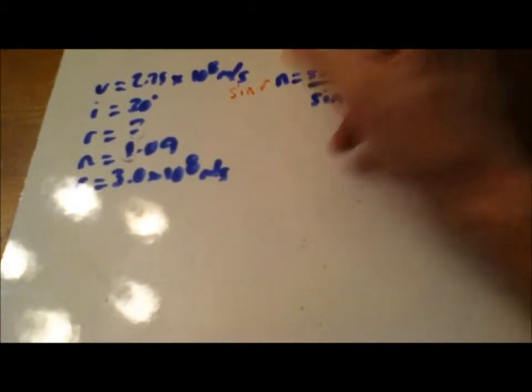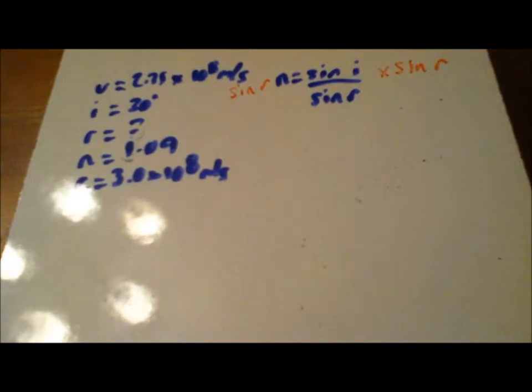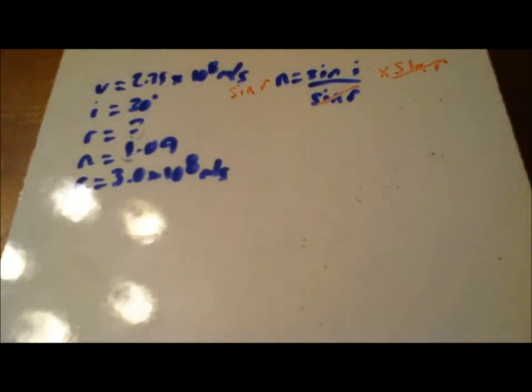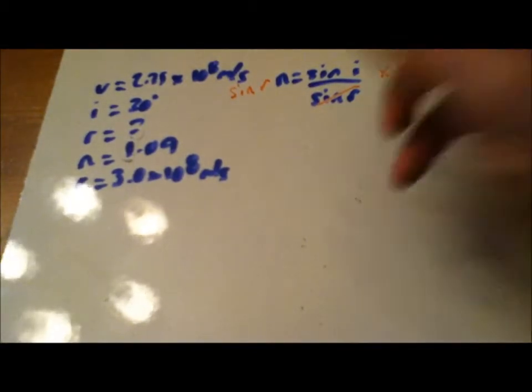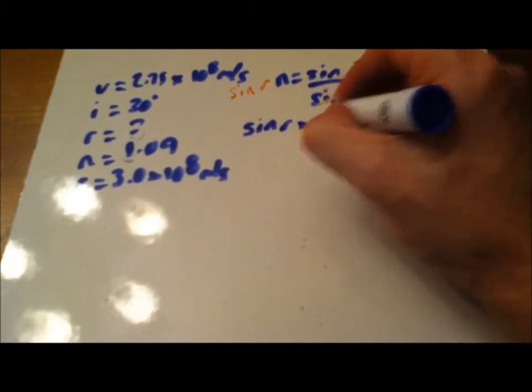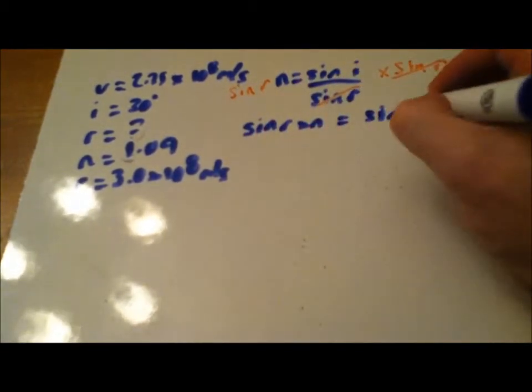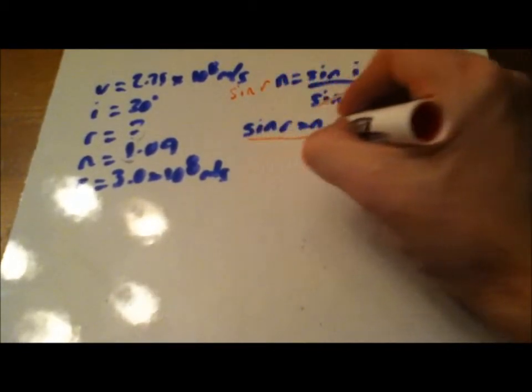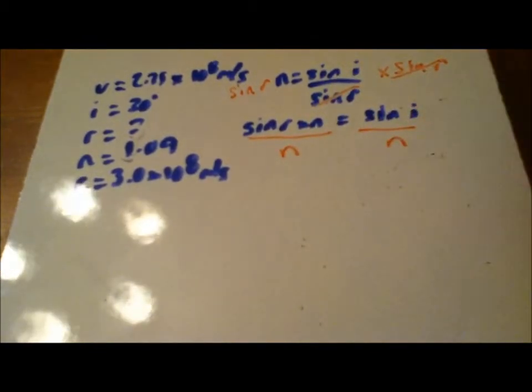And what will happen is they will cancel on the right side. And when we rewrite this, it will be sine R times N equals sine I. Now what we want to do is divide both sides by N as follows.